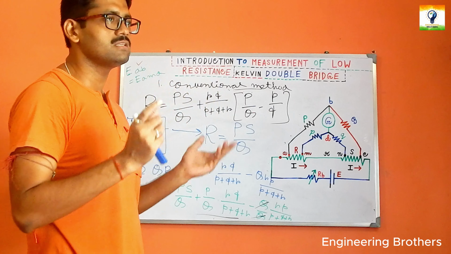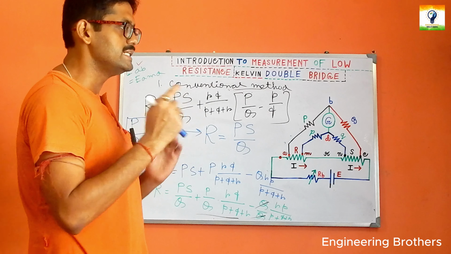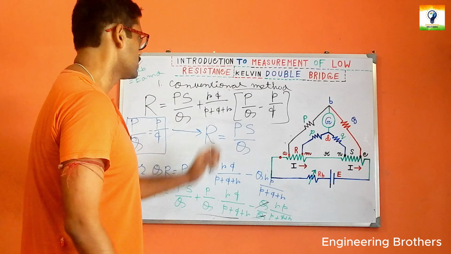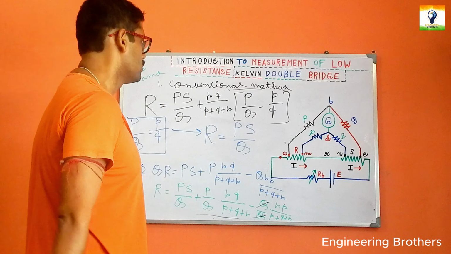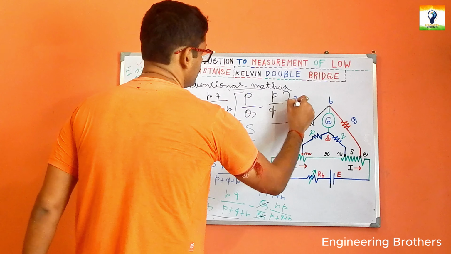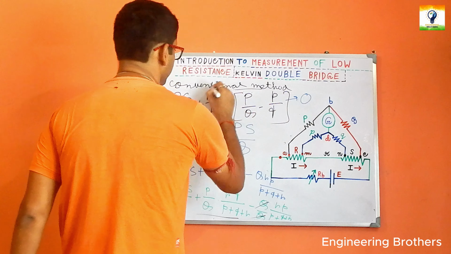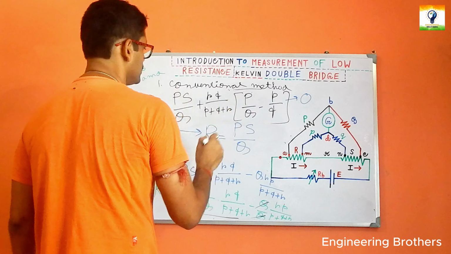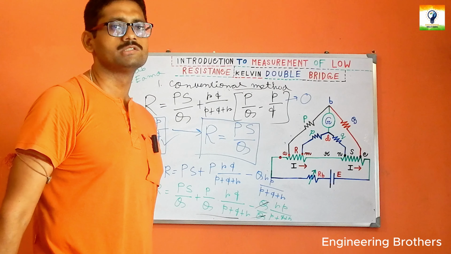We have another way to neglect this expression, just by considering the ratio like this one. If you put that, this will become 0, so 0 multiplied with this one will become 0, and finally the unknown resistor is PS divided by Q, which is equal to our Wheatstone bridge analogy over here.